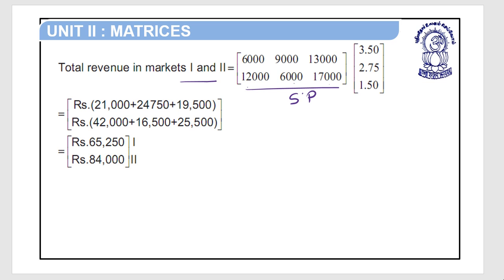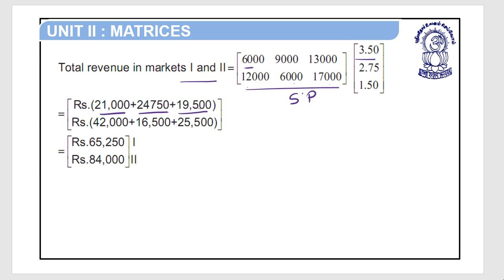First row, first column. So here 21,000 plus 24,750 plus 19,500.